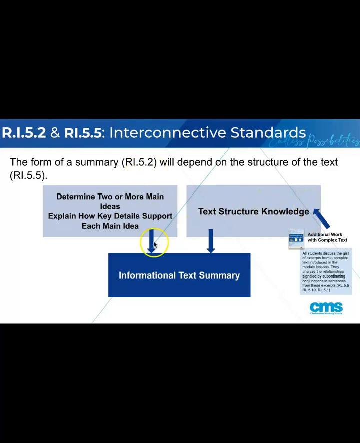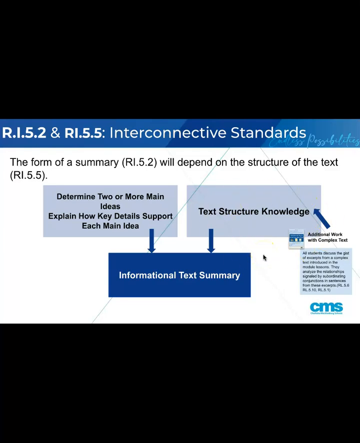In RI 5.2, they need to reach a summary, but they also need to be able to determine 2 or more main ideas and explain how key details support each main idea. This information together will inform how the summary is written. The form of the summary changes based on the text structure.